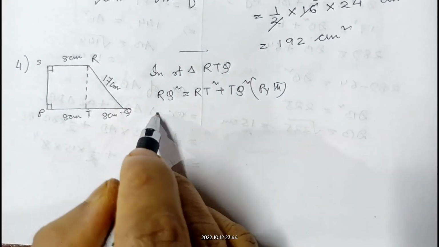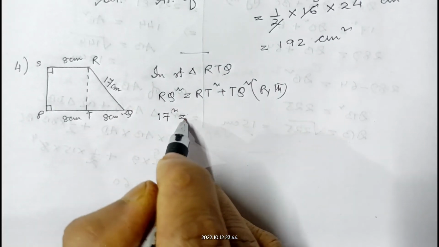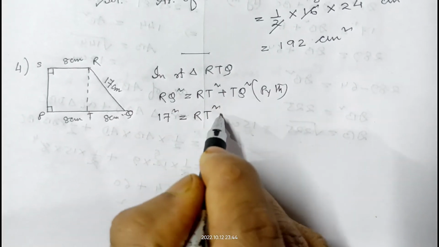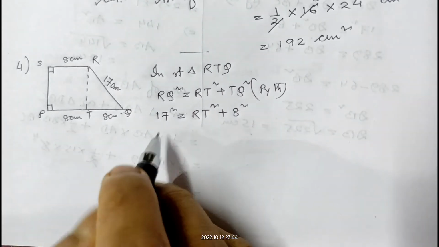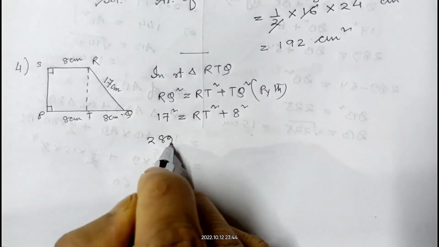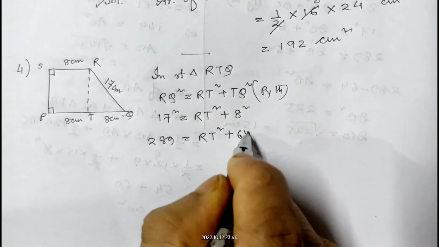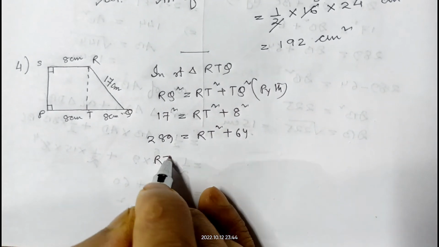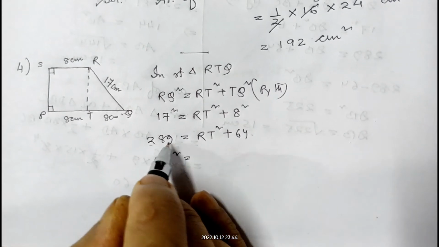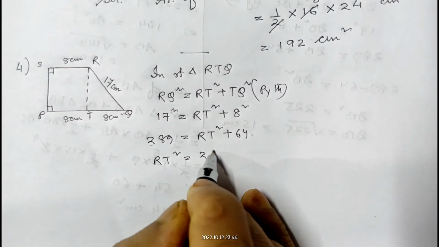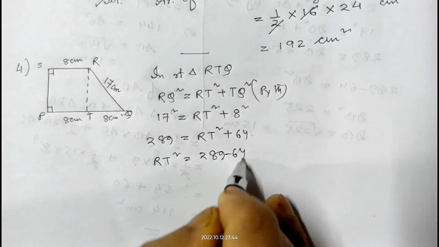Now RQ, it is given 17. So 17 square equals RT square plus 8 square. 17 square is 289 equals RT square plus 64. So we can write RT square equals 289 minus 64. 289 minus 64.